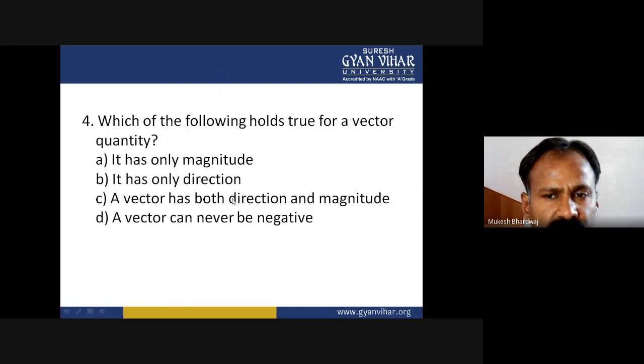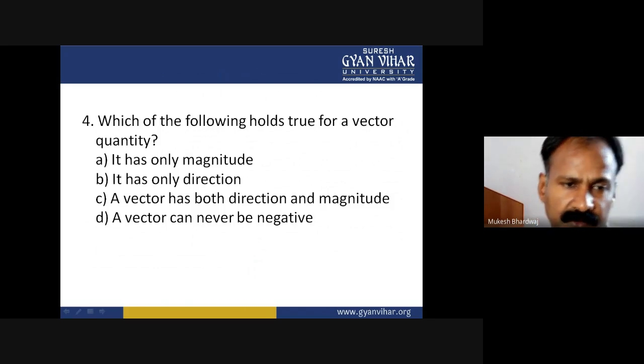Which of the following holds true for a vector quantity? It has only magnitude. It has only direction. A vector has both direction and magnitude. A vector can never be negative.